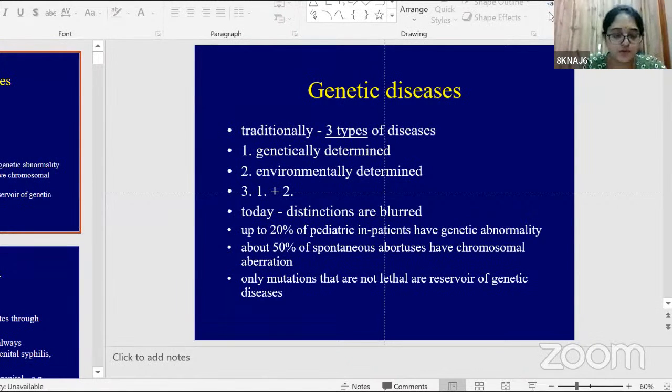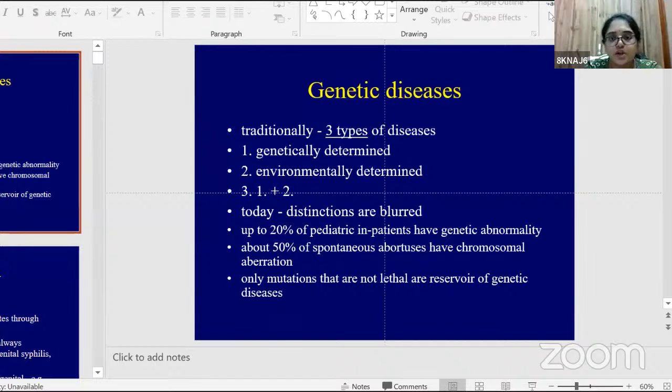These 46 chromosomes have around 10 to the power of 5 genes, that is nearly 1 lakh genes, that determine our embryonic development, the physical traits that we are seeing, and to some extent even our behavior. So identification of the gene or the mutation that is taking place is very much necessary when identifying a genetic disorder, and it is quite complex.